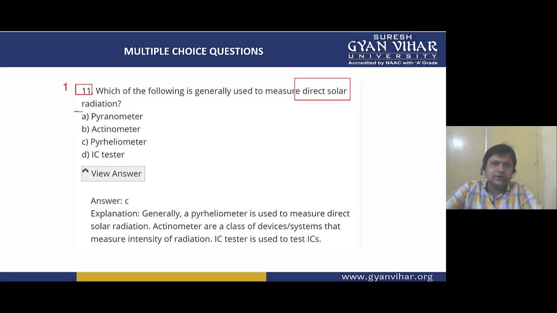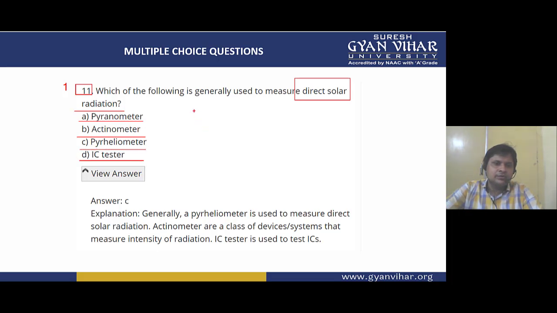This line is important, because different measuring instruments are used to get knowledge about the different types of solar radiation. For diffuse radiations you have a different measuring instrument, and for direct you have a different one. The options are: the pyranometer, the actinometer, the pyrheliometer, and the IC tester.